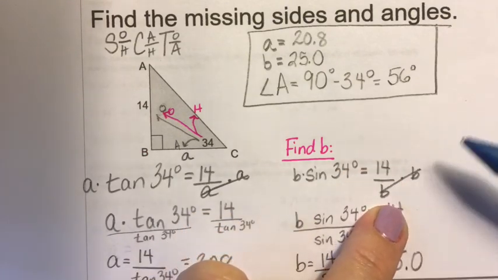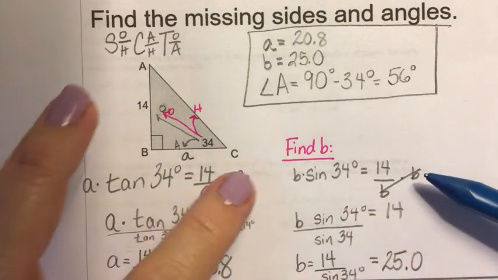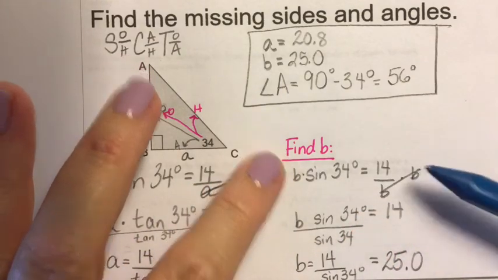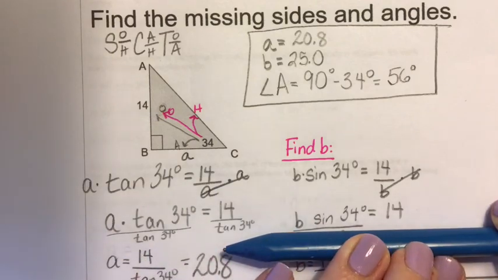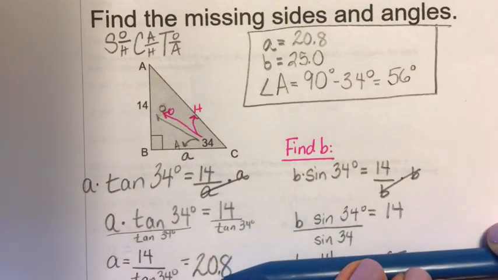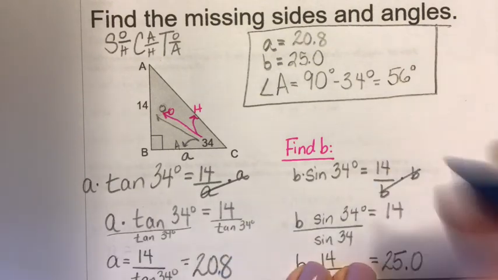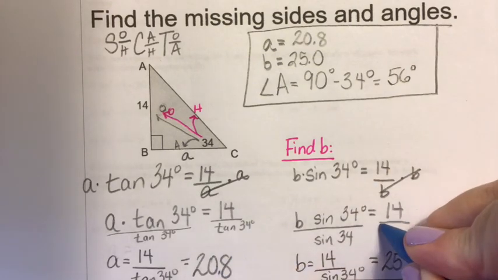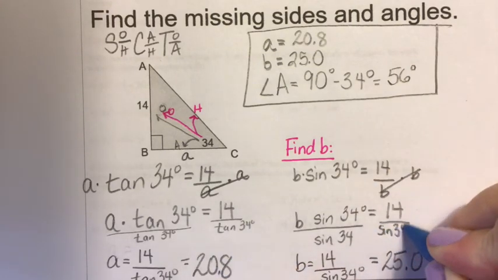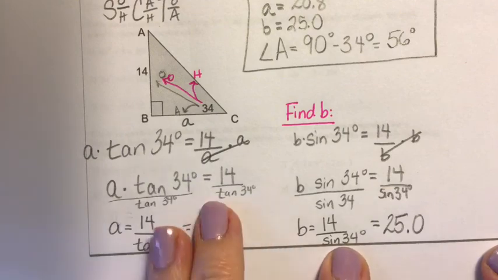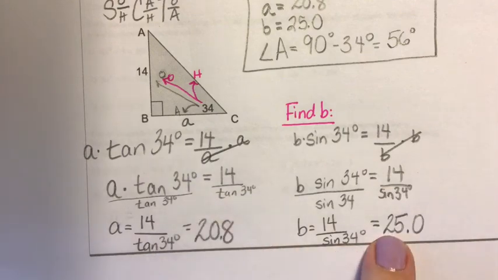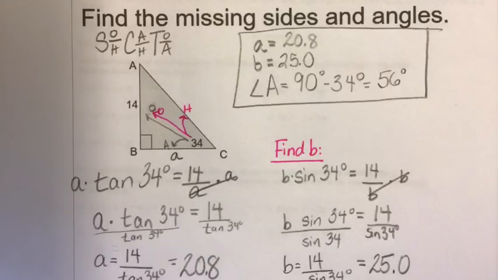Again, I needed to get rid of dividing by b, so I multiplied both sides by b. That left me with b times the sine of 34 degrees equals 14. I divided both sides by the sine of 34 degrees. So I know side b is equal to 14 divided by the sine of 34 degrees, which is 25.0. Thank you.